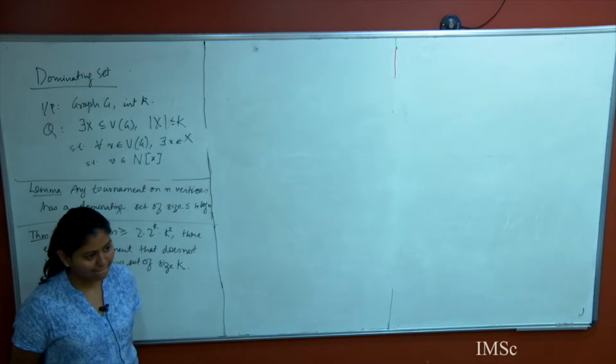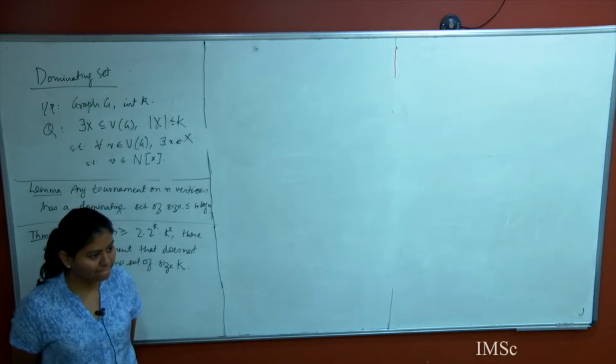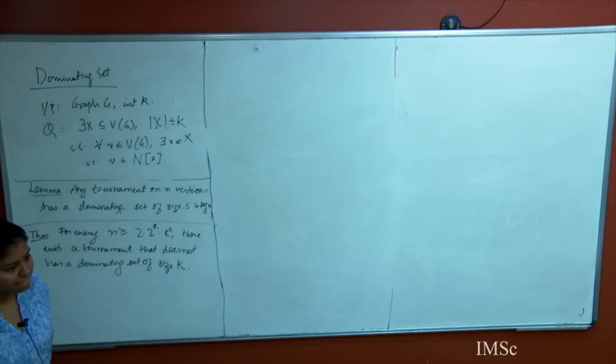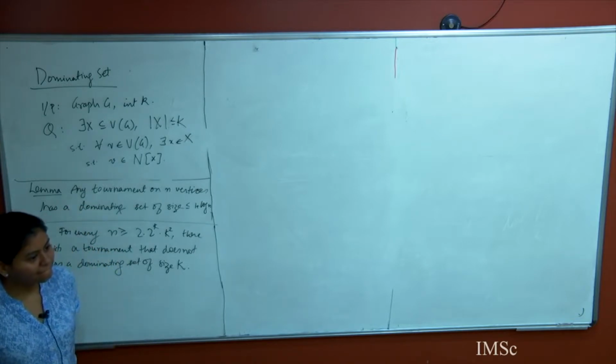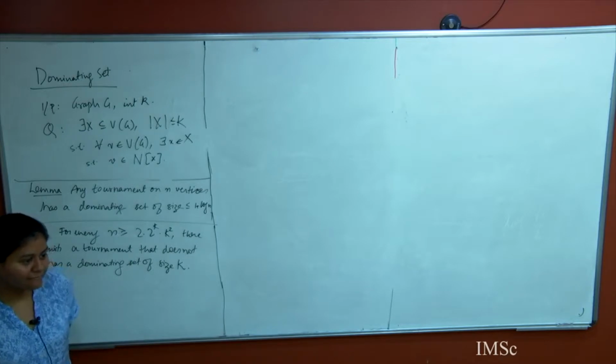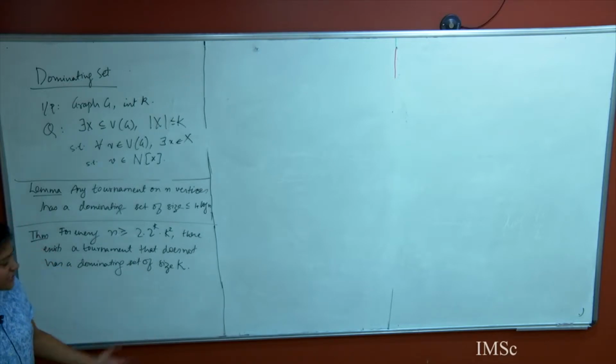Take n equal to this much and then take all the possible directions of the arcs, and pick one among them. Exactly, right? So what she is saying is, even if you are not familiar with this object, you don't have to worry. You can construct it in some f of k time.